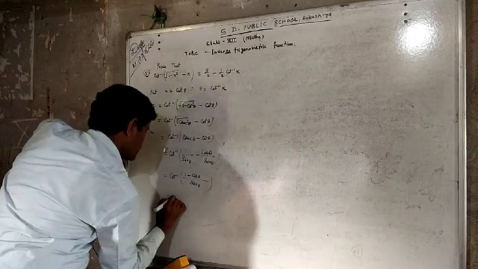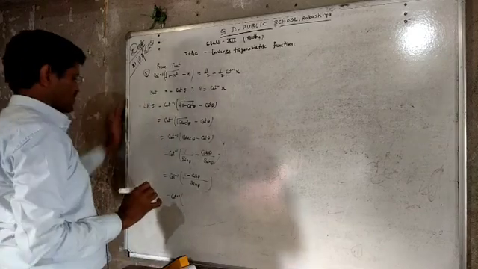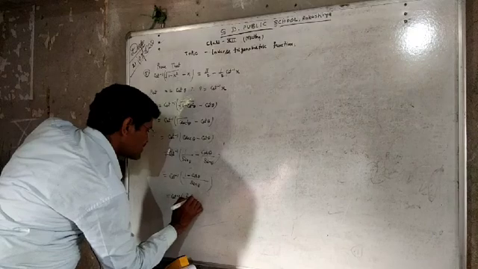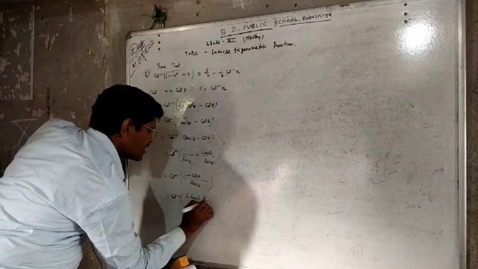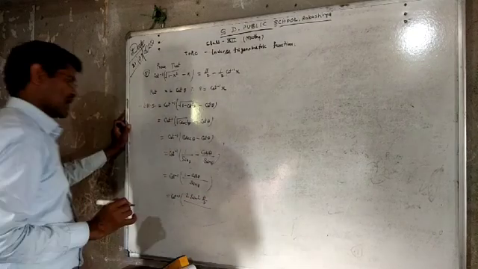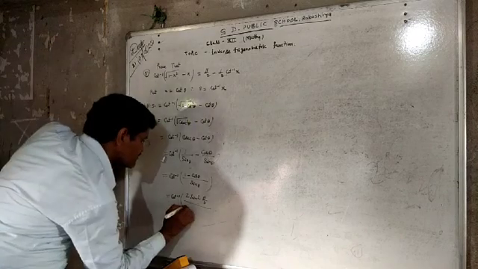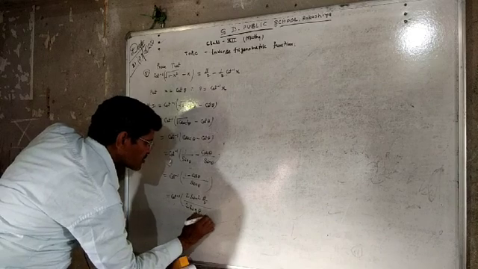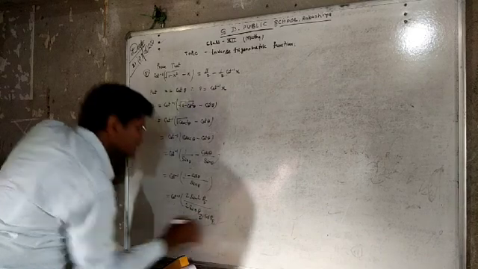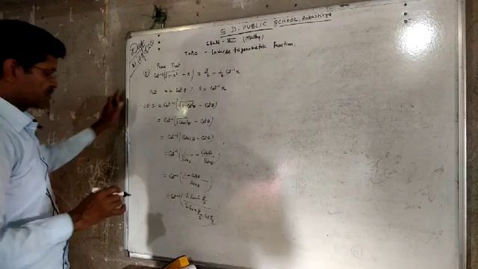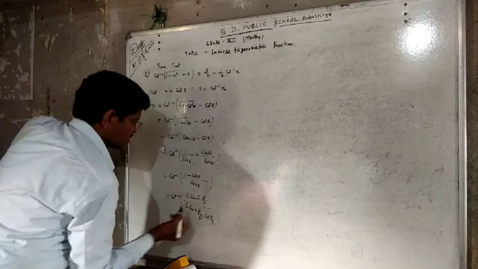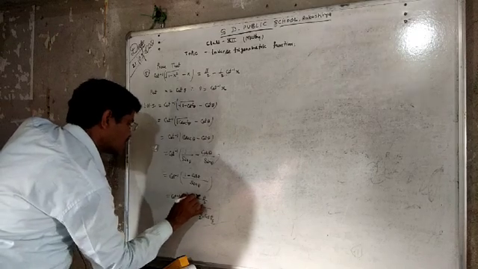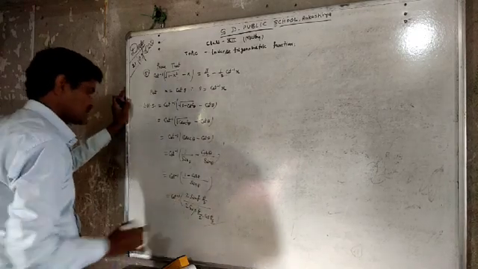The formula of 1 minus cos theta is 2 sin square theta by 2, and sin theta can be written as 2 sin theta by 2 into cos theta by 2. It is the formula of submultiple angle. The 2 and 2 can be cancelled, and sin theta by 2 and one power of sin theta by 2 can be cancelled.